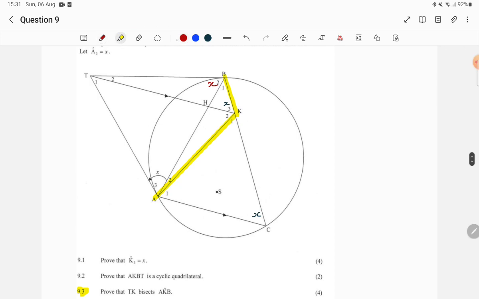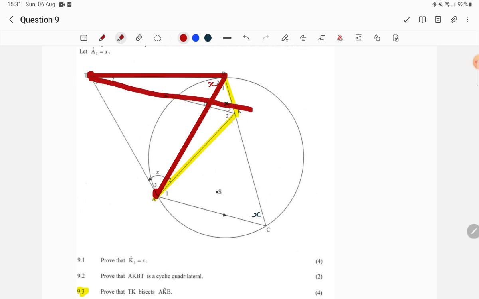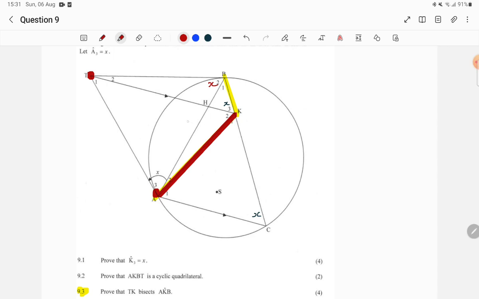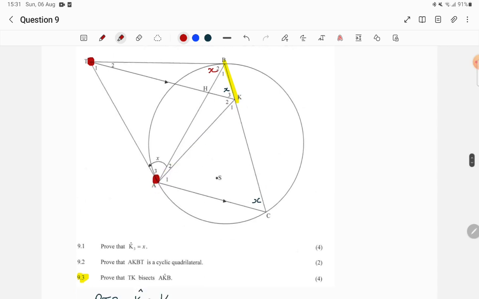If we use chord AT going to B2, and because remember we already proved AKBT is a cyclic quad, now we can use that to our advantage. So there's your angle at the circumference, and here is your angle K2 at the circumference of this cyclic quad that we proved. Therefore B2 is equal to K2.